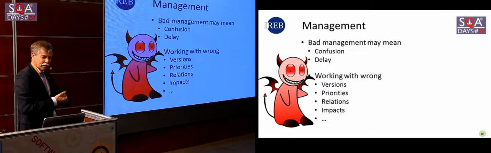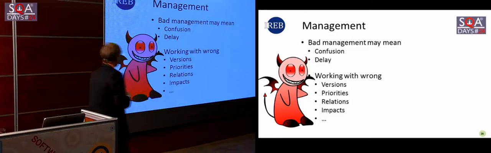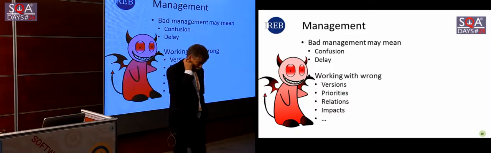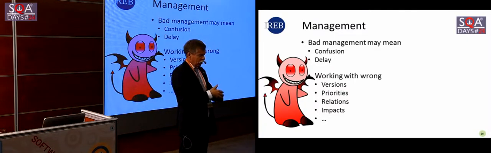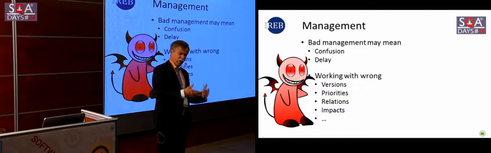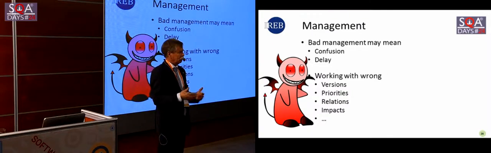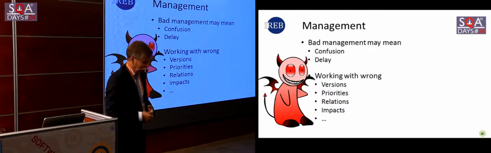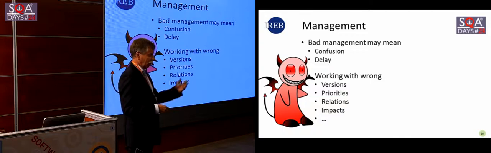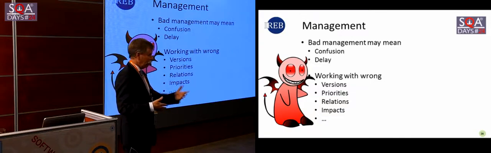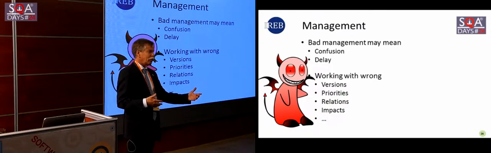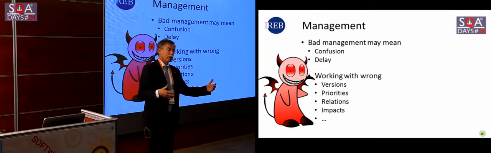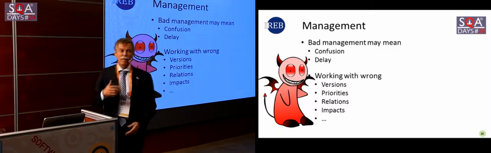And bad management is things like working with wrong versions. I had that once a few years ago. We were testing something and we found quite a lot of defects. Much more than usually. And then we went to the analyst and said, well, we find these lots of defects. Yeah, but what version of your functional design are you working on? We're working on 0.3. Oh, but we are already on 0.7. Why didn't you tell us?